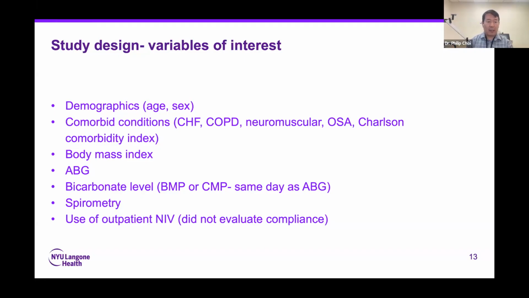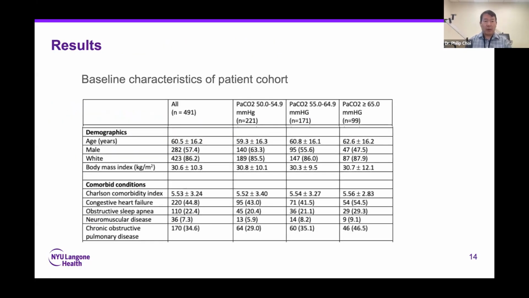Body mass index, we looked at their ABG data, finding an ABG that fit the criteria with a normal pH and an elevated PCO2. We got their bicarbonate data from a BMP or CMP on the same day as the ABG. We looked at whether they had any spirometry data and whether or not they were using outpatient NIV, although we did not evaluate compliance.